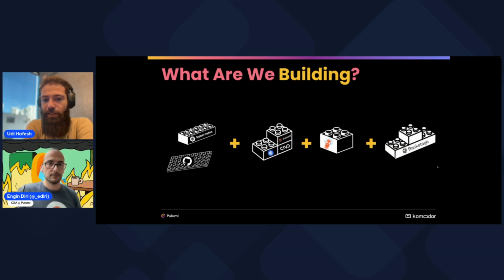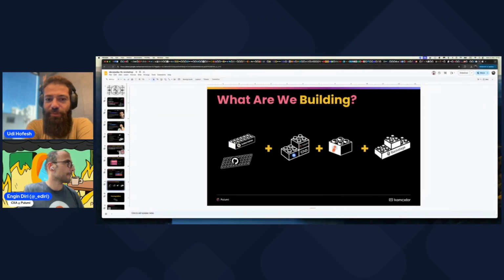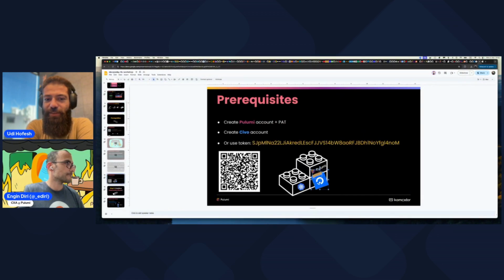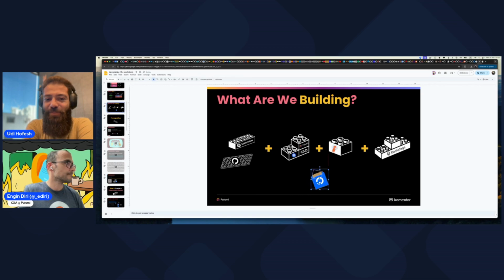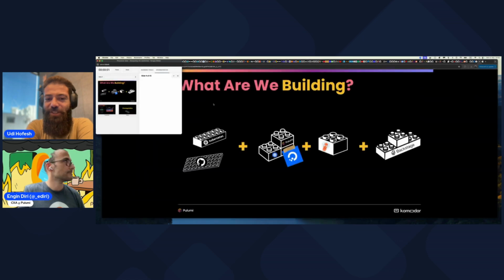So quickly, a blueprint of what we are building today. We are using Kubernetes as our base, as our platform, and GitHub will be our repo. GitHub Codespaces, to be precise, will be our repo, and we will deploy the cluster using Pulumi, and the provider this time will not be Civo, it will be DigitalOcean.